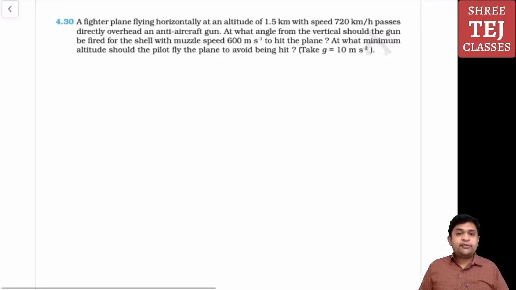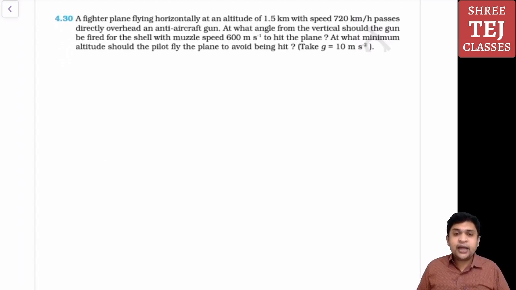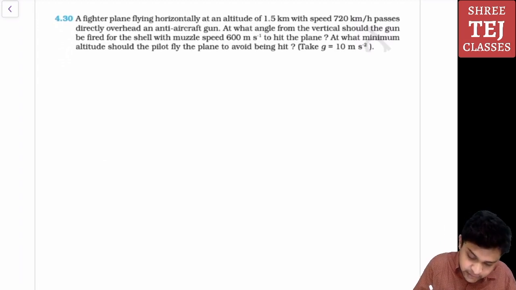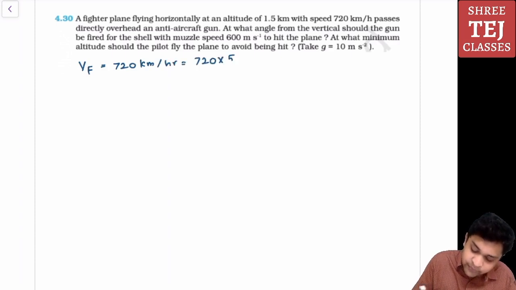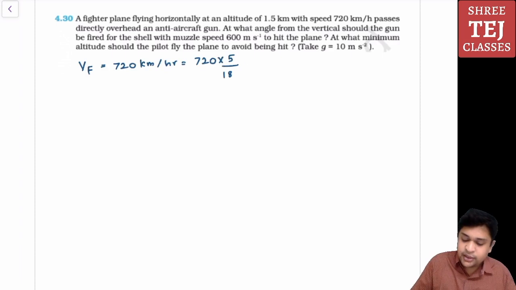A fighter plane is flying horizontally at an altitude of 1.5 kilometers with a speed of 720 kilometers per hour. So the velocity of the fighter plane is 720 kilometers per hour, which is 720 into 5 divided by 18, which comes out to be 200 meters per second.